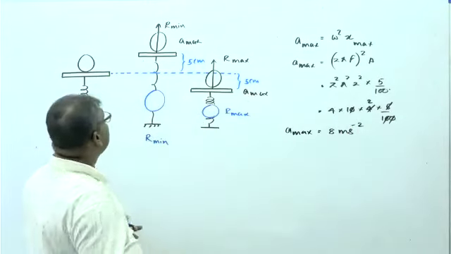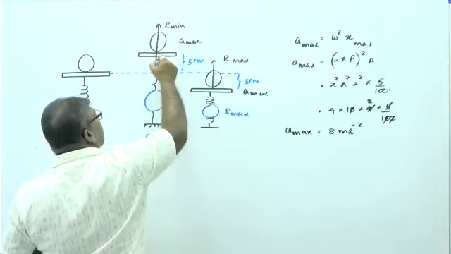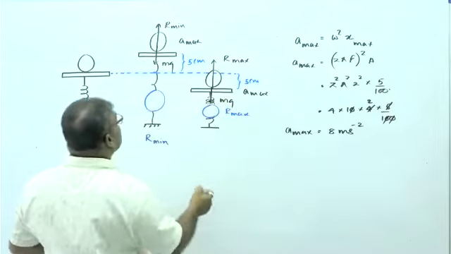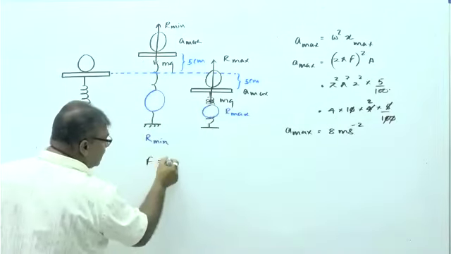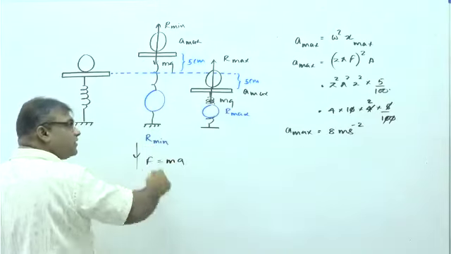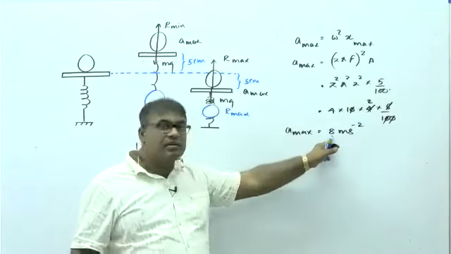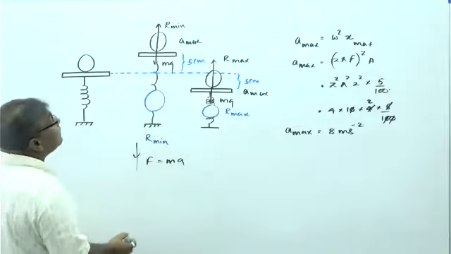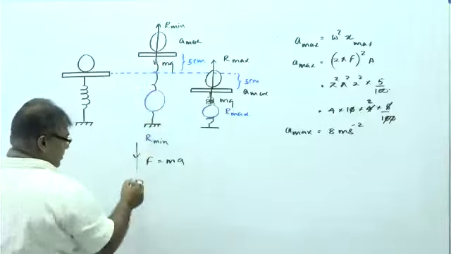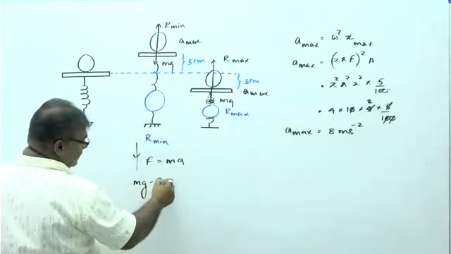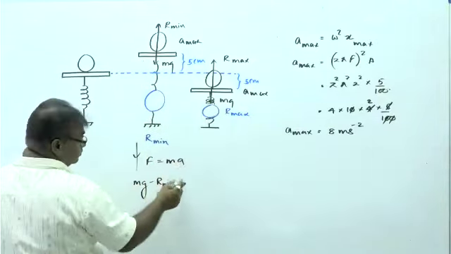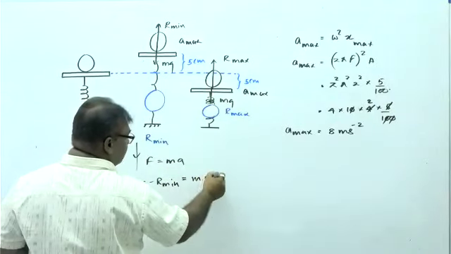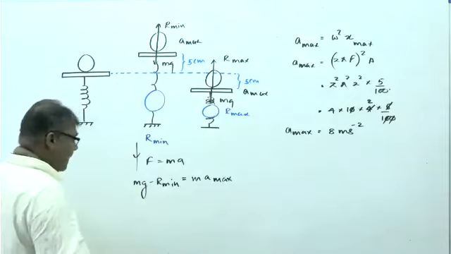Yes. Then applying F equal to ma, labeling the weight of the object like this. F equal to ma is always towards the center of oscillation, as this acceleration is directed towards the center of oscillation. Here it is mg minus R, so R minimum equals mass into maximum acceleration.